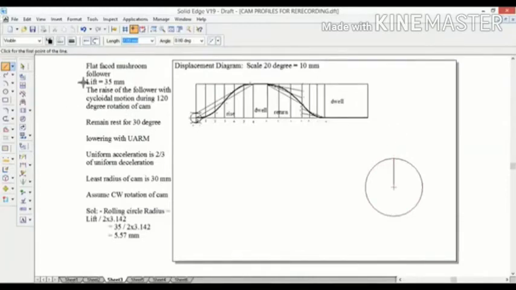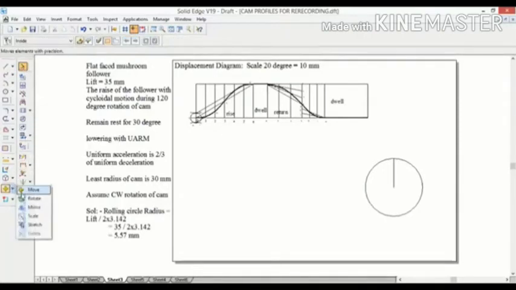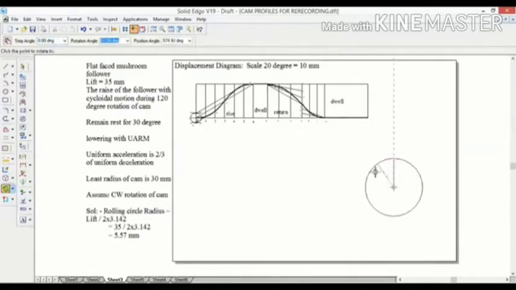Measure the angle. The first angle is 120 degree. So take the protractor, keep the protractor on this vertical line and measure 120 degree. And further, once again keep the protractor on this reference line.